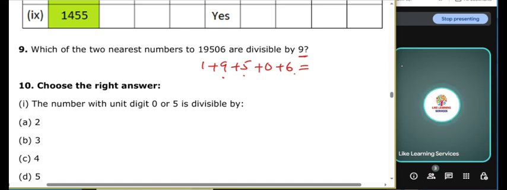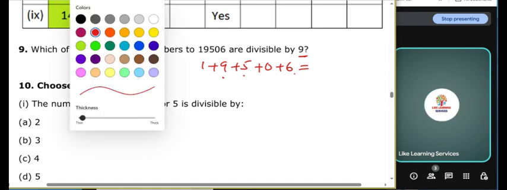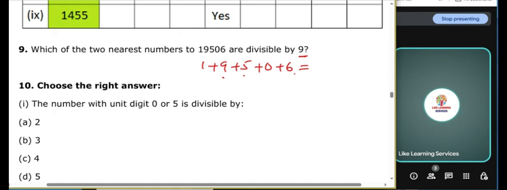So if we add additional 2, do you understand? So it means 195,062 will be divisible by 9, because 1 plus 9 is 10, plus 5, 15.